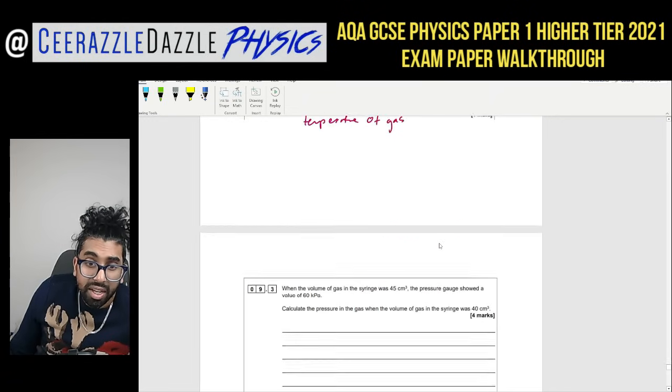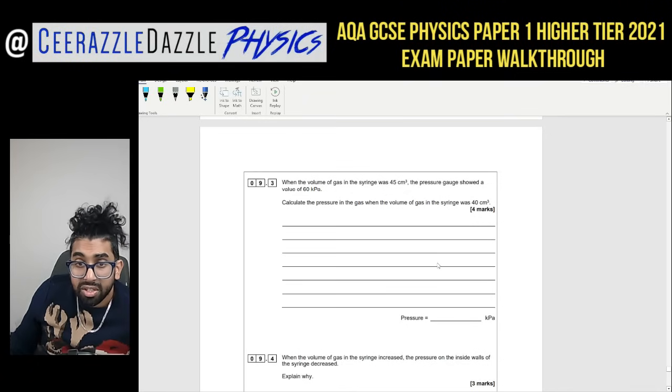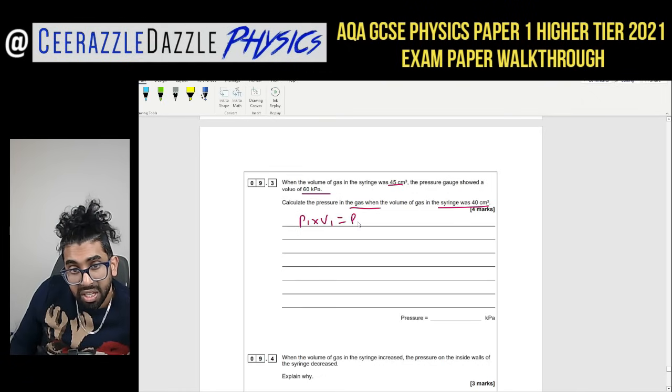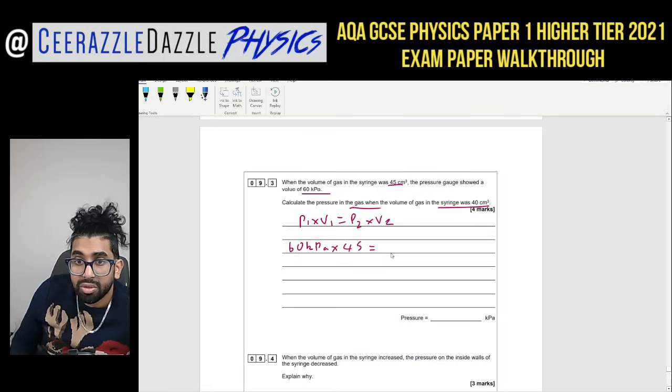Right, next one. When the volume of the gas in the syringe is 45 centimeters cubed, the pressure gauge showed a value of 60 kPa. Calculate the pressure in the gas when the volume of the gas in the syringe is 40 centimeters cubed. Hopefully you remember that P1 times V1 is equal to P2 times V2. So 60 kPa times 45 will be equal to P2, which we don't know, times 40.